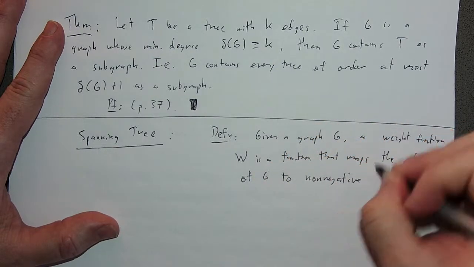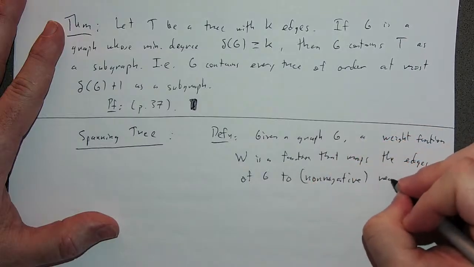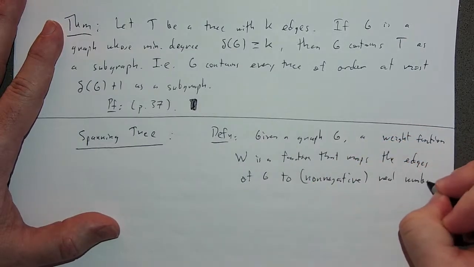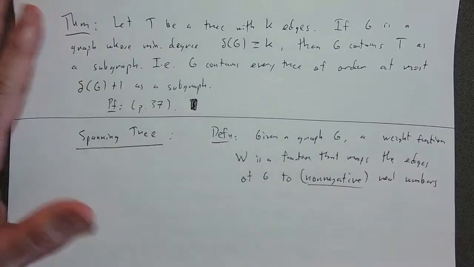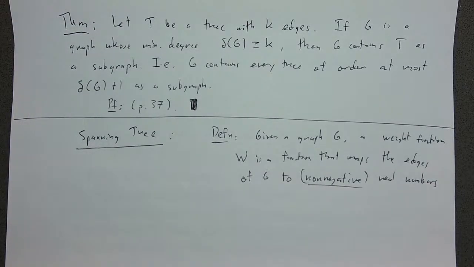Now, this requirement that it be non-negative, we don't have to have that. There are contexts where having negative weights to edges would make perfect sense, but for now we're going to focus on the instance where the weights correspond to a non-negative number, just to simplify things a little bit. But again, this is not super important.